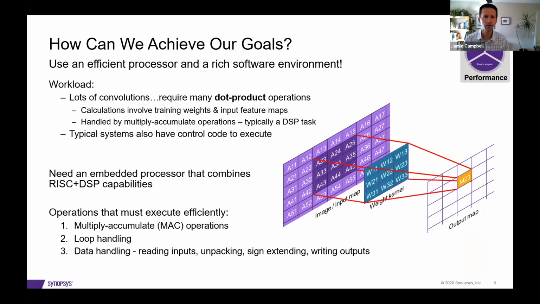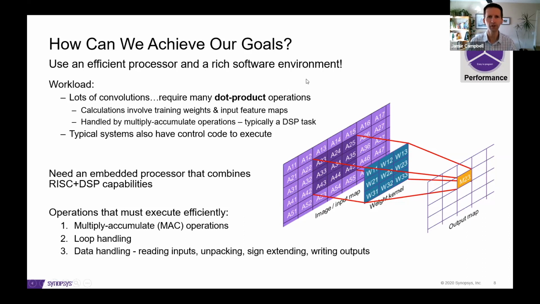So how do we achieve our goals? Well, clearly we need an efficient processor coupled with a rich software environment. Let's talk about the first pillar, which is the performance side of things. If we look at a typical workload for an NN application, this really consists of a lot of convolution operations. And convolutions themselves are really made up of low-level dot product operations.